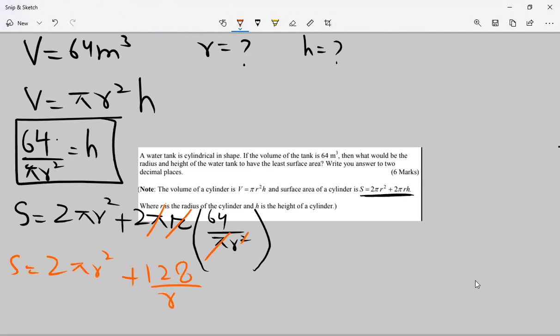Now you need to find out the first derivative of the function, dS upon dR. 2 pi is a constant value and the derivative of R square is 2R. Plus sign. This R having a linear power, when it goes up it will become negative and the power will become the coefficient. Power is reduced by 1. Then we take the derivative without power. It will become R having power minus 2.